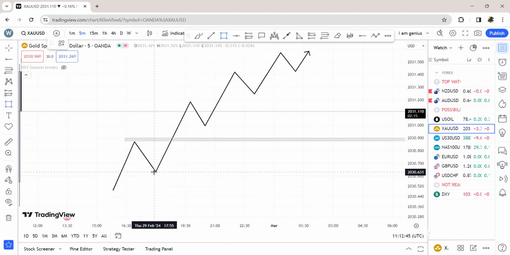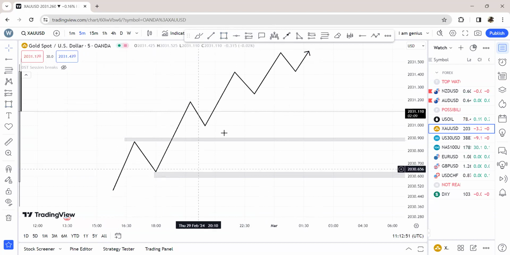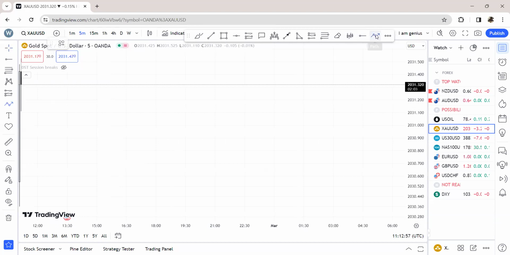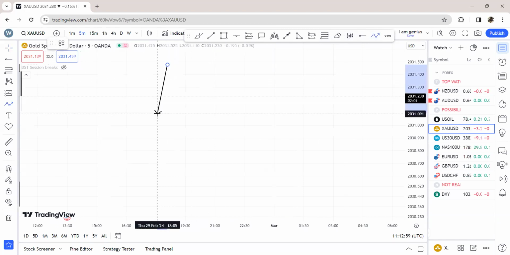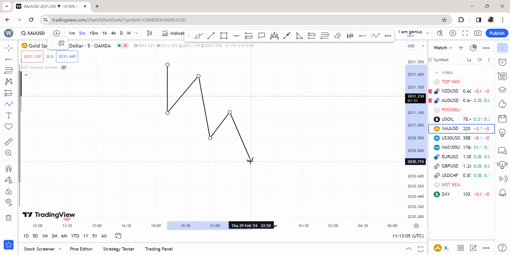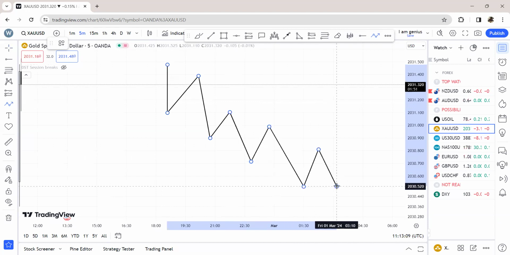These levels where the market fails to go any further down are called support levels. I'll just go through this quickly because I have a video that explains this in detail. Just check it out.